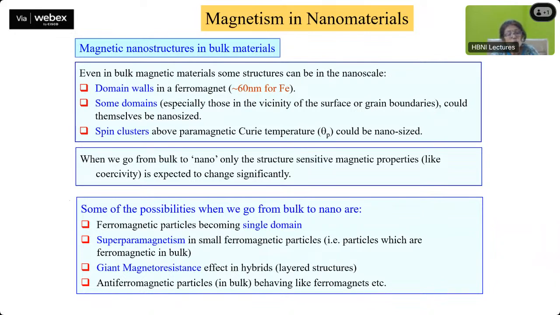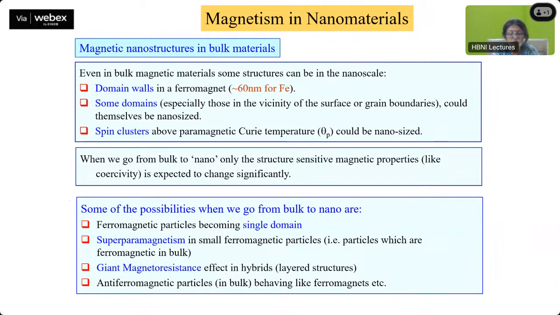Now when we go from bulk to nano, the structure sensitive magnetic properties, the most structure sensitive being coercivity, are expected to change significantly. Some of the possibilities when we go from bulk to nano are: ferromagnetic particles become single domain.